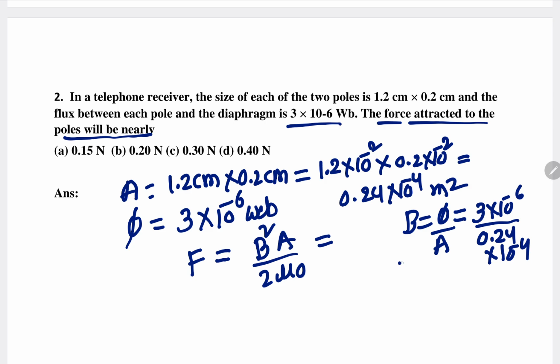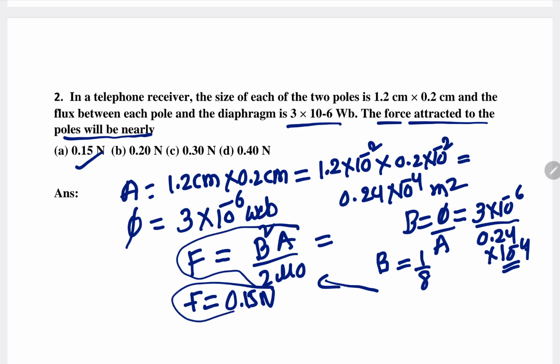So this flux density, if I convert this 10 power minus 4 into 10 power minus 6, then it becomes 24 into 10 power minus 6. So 3 by 24 means 1 by 8. Again 10 power minus 6, 10 power minus 6 get cancelled. Flux density is equal to 1 by 8. So if I substitute all the values in the force, we will get the answer 0.149, so approximately 0.15 Newton. The formula is important. F is equal to B square A by 2 mu naught.